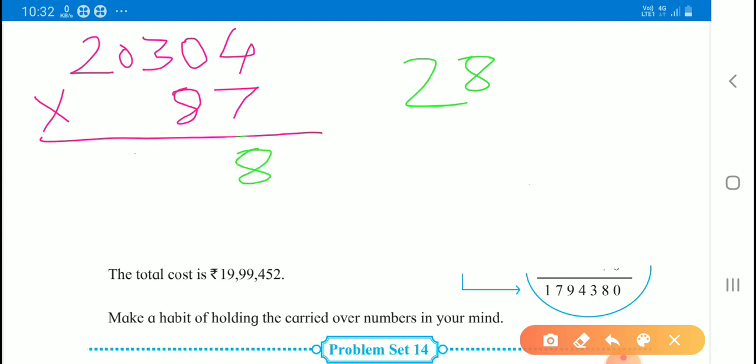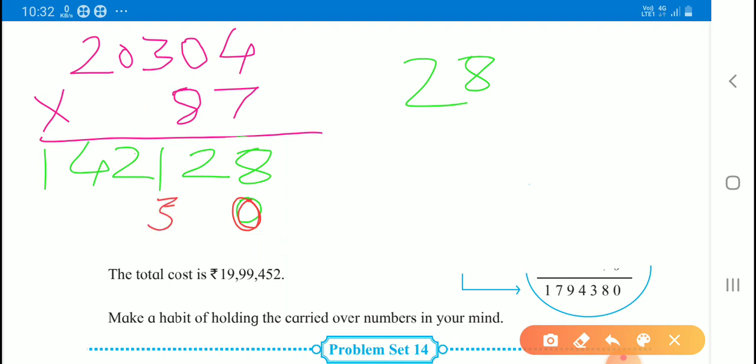Now 2 plus 0 means what will you get here? 2 only. Now next is 3 and 0. 7 3s are 21 and 7 2s are 14. Is it correct? Now 8 is in the which place? Tens place. So 80. So we will write here first 0.